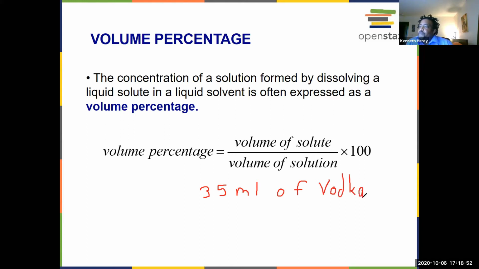Okay, so we have 35 mL of vodka, and we're going to add 85 mL of water to it. Because Alexis and Raphael are coming over to the house and they like to drink too much. So I have to water down the vodka.